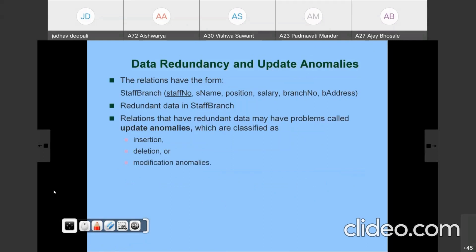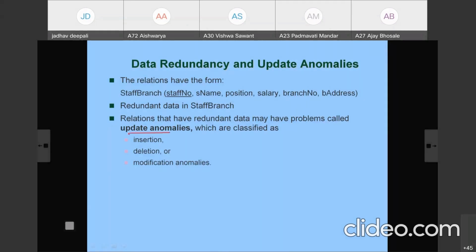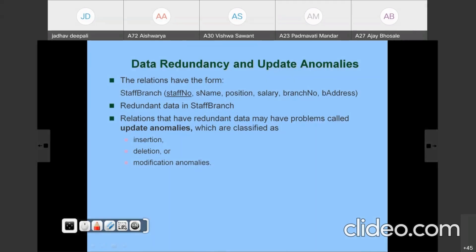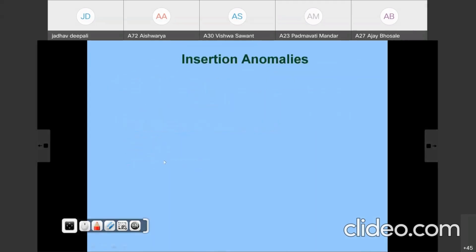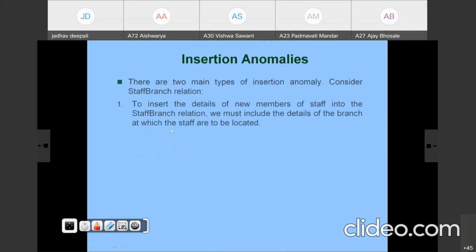Relations that have redundant data may have problems called update anomalies, which are classified as insertion anomaly, deletion anomaly, and modification anomaly. Now we are going to see all these anomalies in detail with an example for the same relation. So first we start with insertion anomaly.